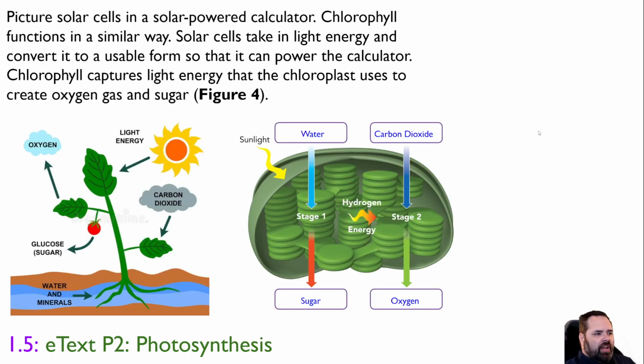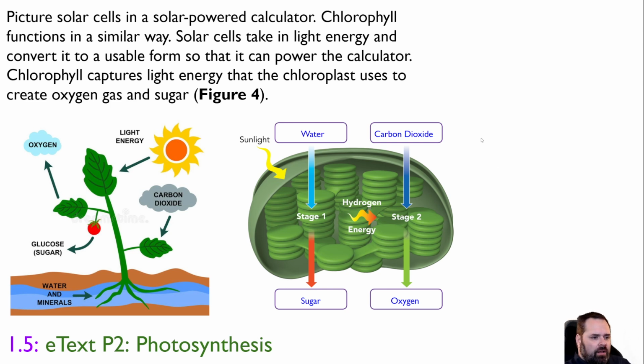Picture solar cells in a solar power calculator. Chlorophyll functions in a similar way. Solar cells take in light energy and convert it to a usable form so that it can power the calculator. Chlorophyll captures light energy that the chloroplast uses to create gas and sugar in figure 4.